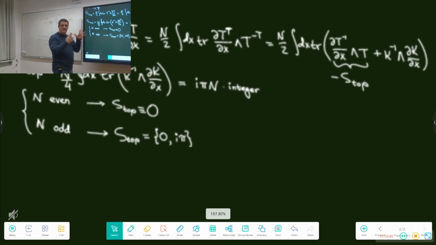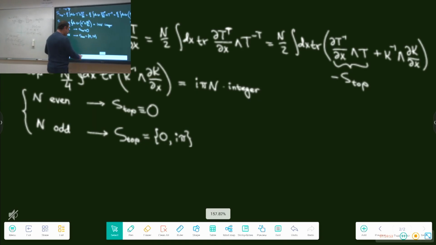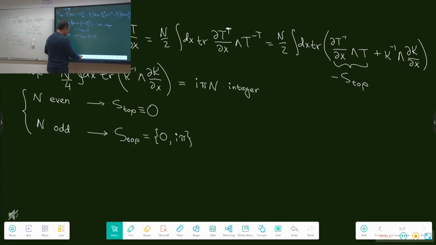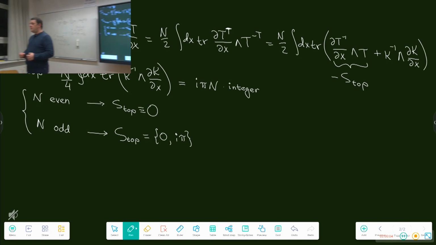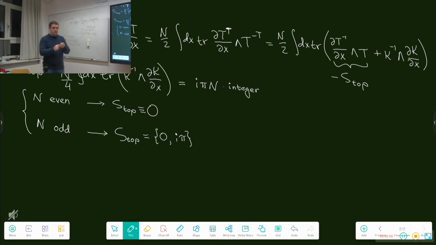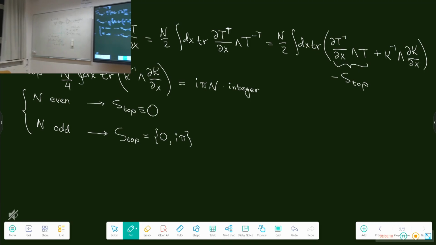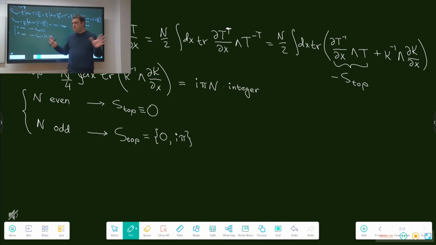This object has a name. All objects have a name. This one also has a name, and it's called a theta term. Theta term, I just remind you, is something that takes only discrete values, has 0 variance. I mean, if you try to do small variations of Q, it's fully topological.